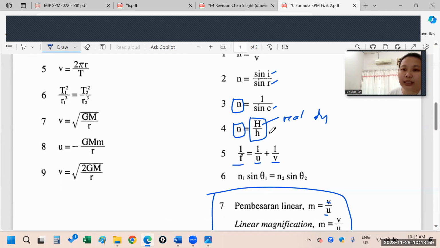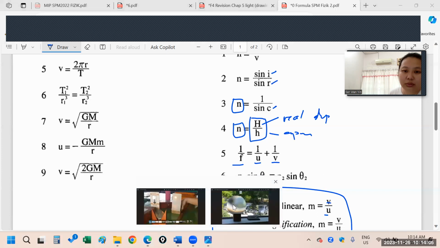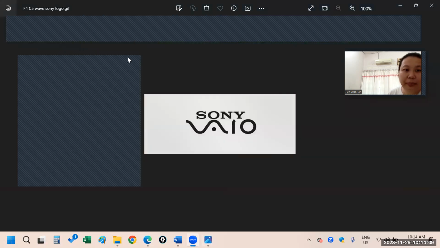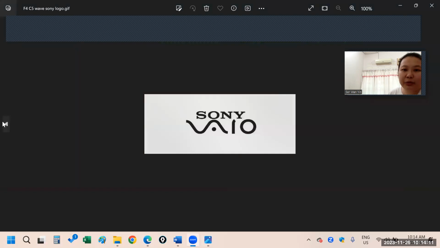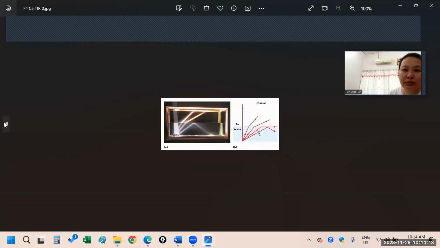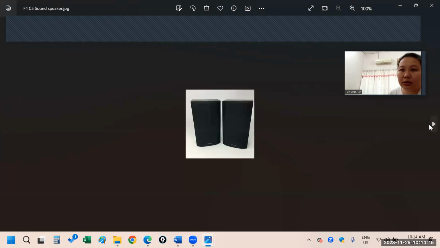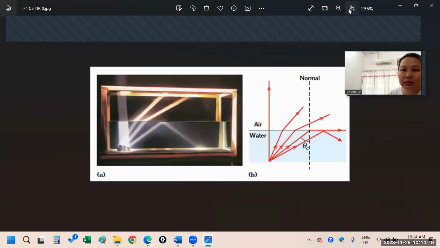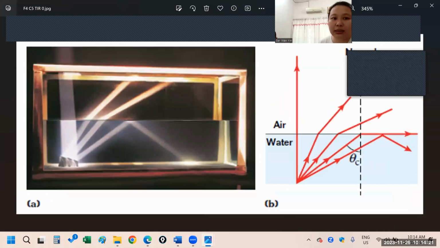Okay, so what is real depth over apparent depth? Look at this. Apparent image. This is total internal reflection. Can you see that?